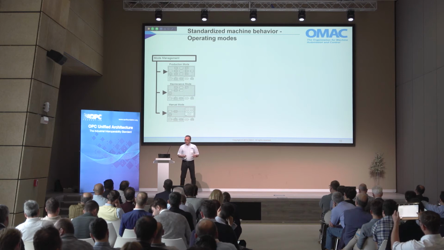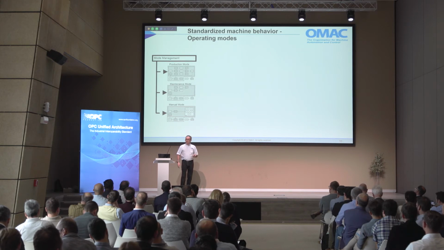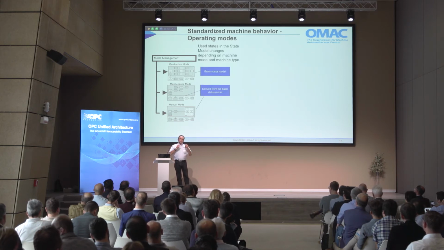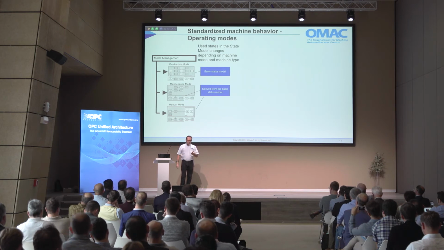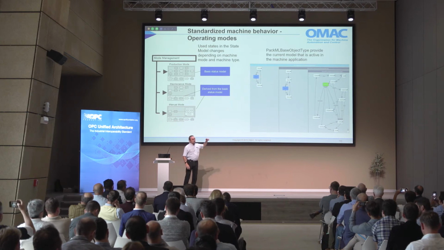What should I do with them? Like maintenance mode, like manual mode, no clue. Also no problem. Depending on the machines, what I've shown before, the available states and available transitions will exactly show from the model what is actually really valid in OPC UA and what is it doing at the moment.